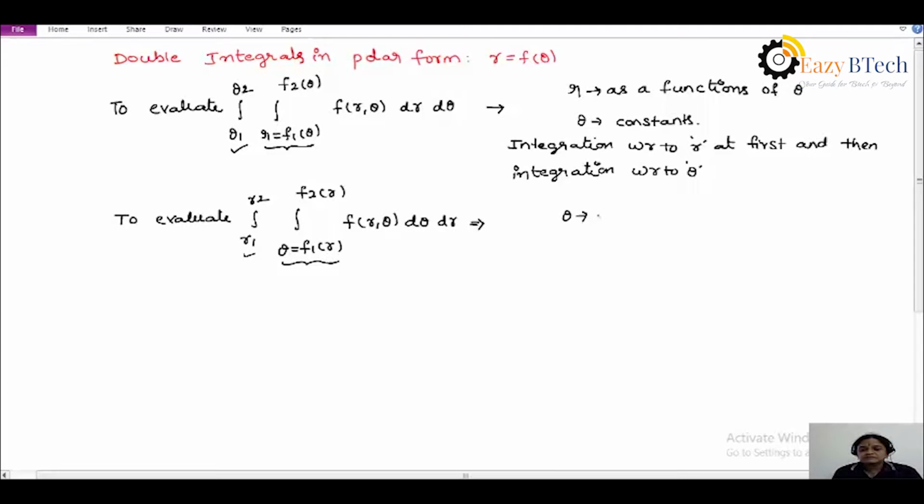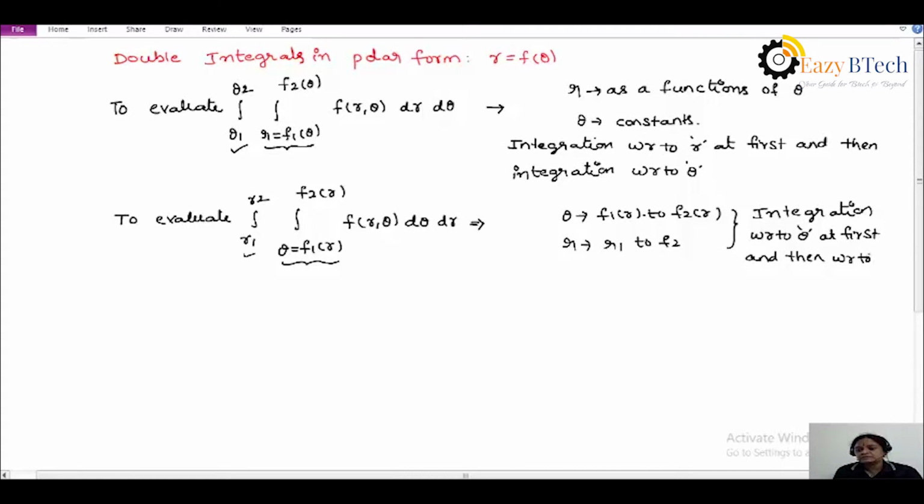Then you have to do the integration with respect to theta at first, and then with respect to r. Constant limits are for the second integration, and variable limits are for the first integration.